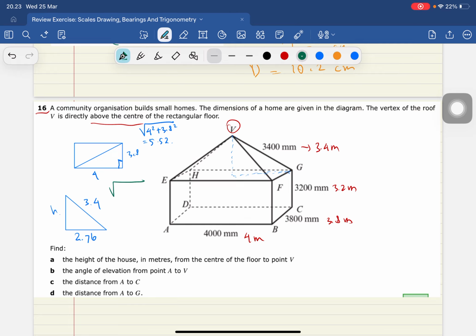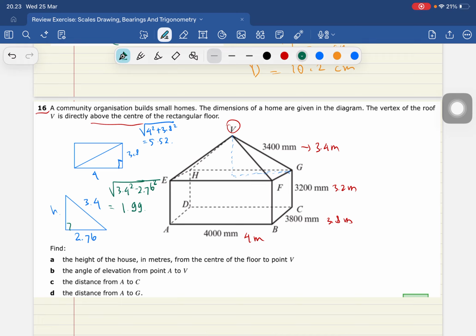So to find the height, we can use the Pythagoras theorem again. Here the hypotenuse is 3.4, so 3.4 squared minus 2.76 squared. Use a calculator again. 3.4 squared minus 2.76 squared. Okay, we got it, here is 1.99.